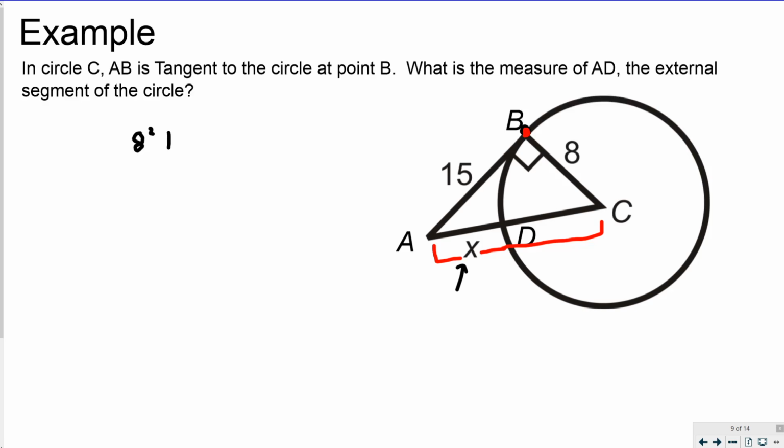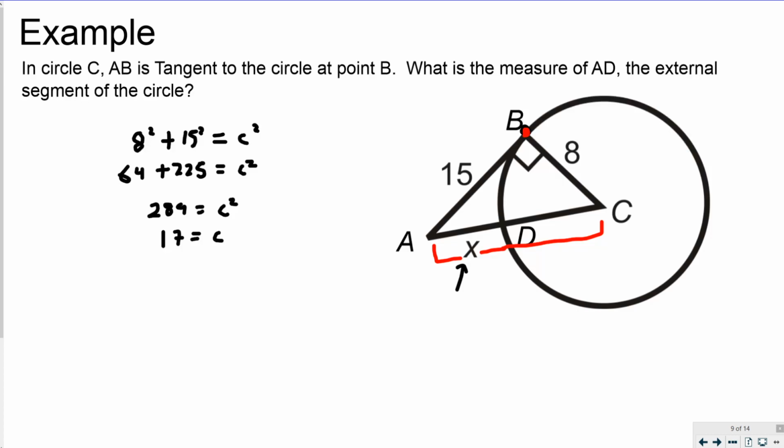So 8 squared plus 15 squared equals c squared. I get 64 plus 225 equals c squared. So I get 289 equals c squared, so 17 equals c.